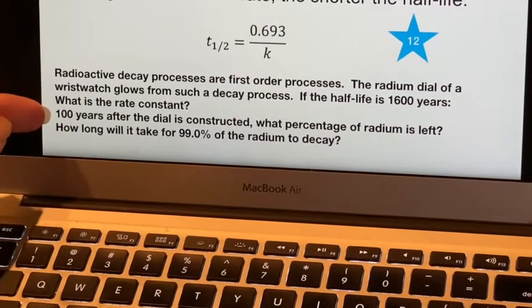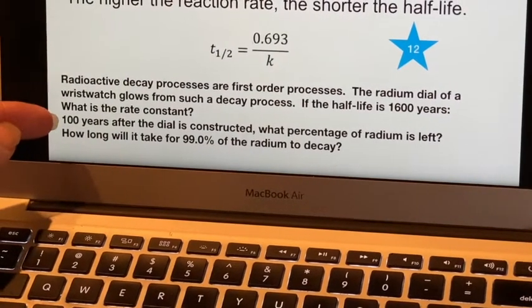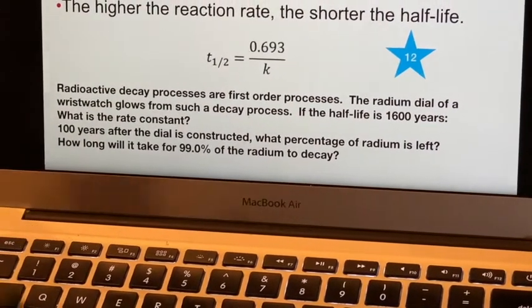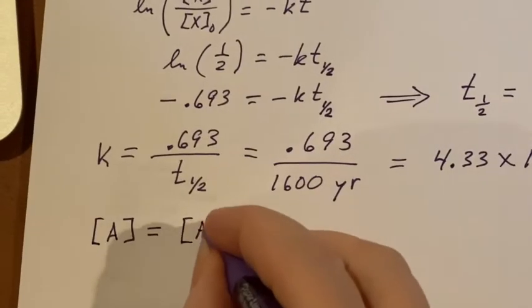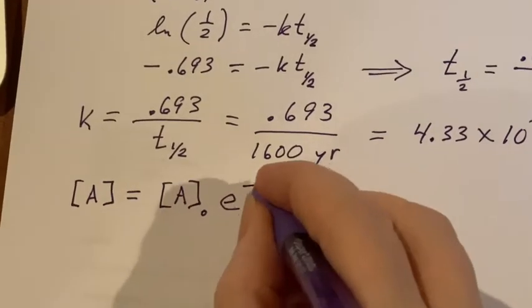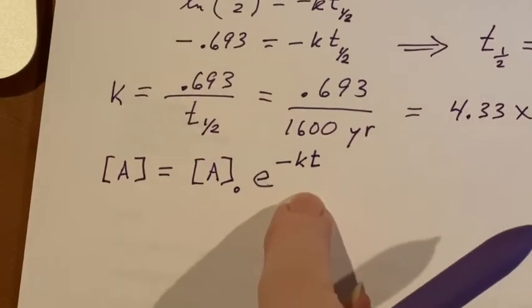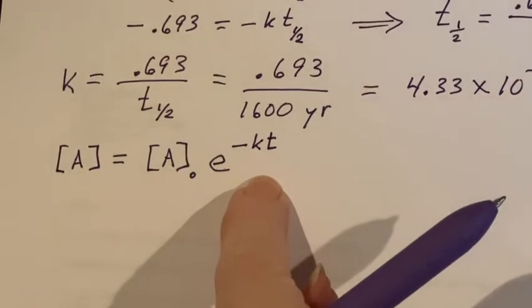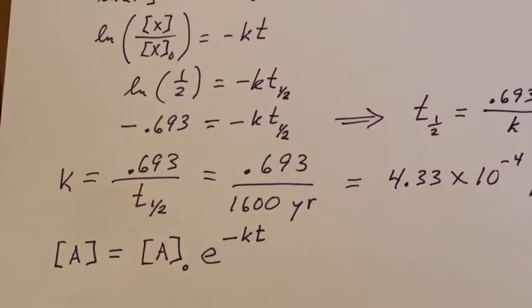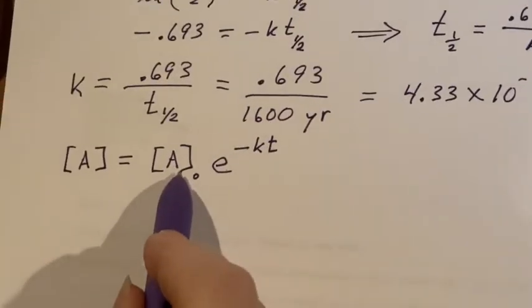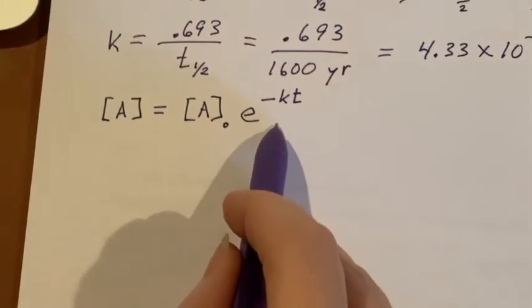Now there's a question. 100 years after the dial is constructed, what percentage of radium is left? So now I want to find how much is there when I knew the original amount. This is a first order decay equation. And you could get this just as easily from our process up here if you needed to, because this is expressed without logarithms.